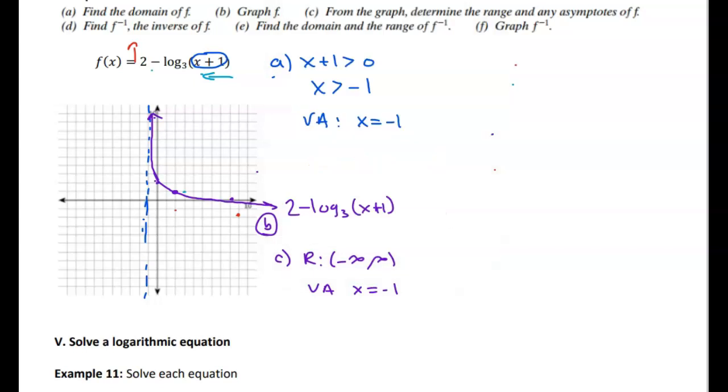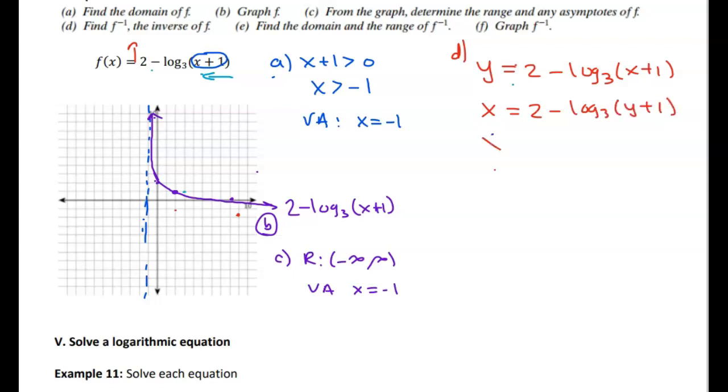Okay, so the inverse, we start with y equals 2 minus log base 3 of (x plus 1). Switch x's and y's. x equals 2 minus log base 3 of (y plus 1). x minus 2 equals negative log base 3 of (y plus 1).